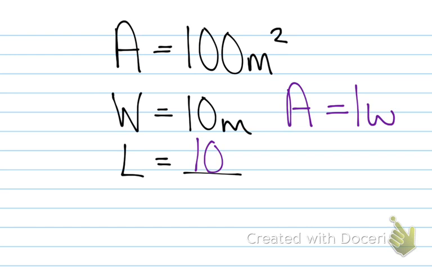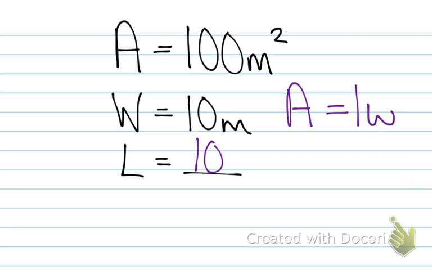That's just squared because it's surface area. You're just squaring the unit. Because 10 times 10 is 100. So if I know the width, and the formula says length times width, what number do I multiply by the width to get to 100? It's 10.